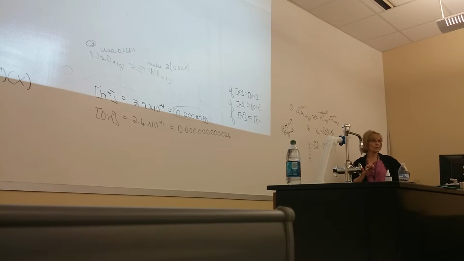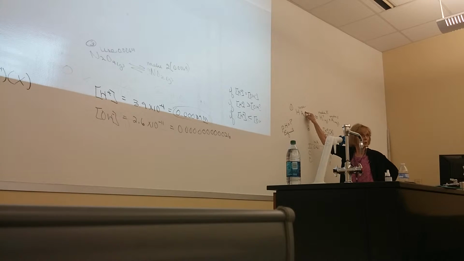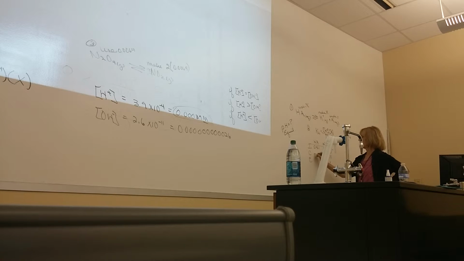And the little tiny contribution from the water doesn't count. It's such a tiny amount. Every time I make X of this, how much of this do I make? Same thing, X. Because every time you make one, you make one. And then how much of this do I use? X.